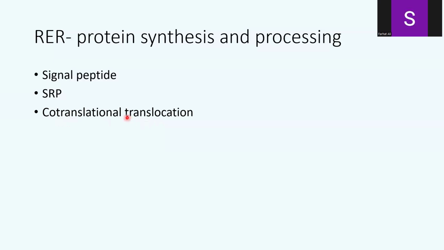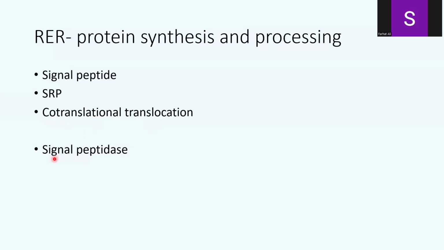The protein is going to be translocated, migrated into the lumen of the endoplasmic reticulum, and this translocation takes place while translation is taking place. As the protein is getting synthesized, it will be translocated inside the endoplasmic reticulum. That is, it is along with the synthesis.